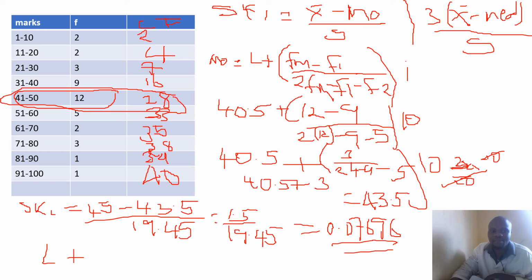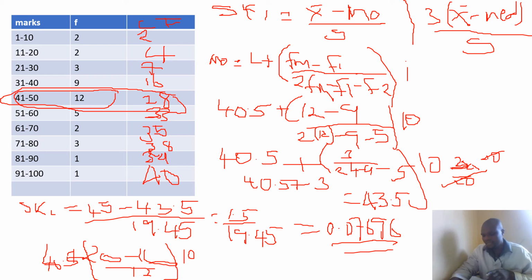So we can still use 40.5, then plus 20, then we minus 16, and then we divide by 12 to get the median. Then all this we multiply by 10. Still, when you work that out, because we don't want to waste a lot of time, you are supposed to get your answer being 43.8.